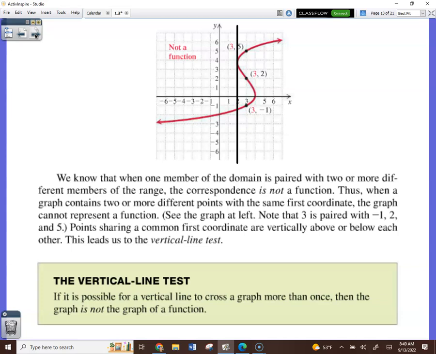You checked to see if the x value repeated. Now I'm going to give you a graph, and I'm going to ask you to tell me if it's a function, which brings up the vertical line test. Remember, you're looking for the same thing that you did with the relations. You're looking to see if the x coordinate repeats.